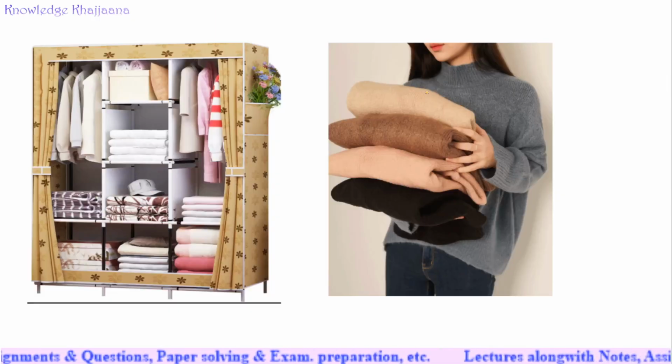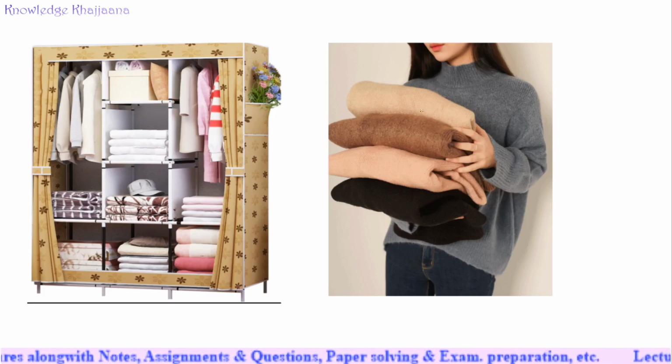When the winter season is over, what do we do? We keep the woolen clothes in the wardrobes. We pack the clothes and keep them in the wardrobes. It means a commodity can give utility when the time of consumption is changed.